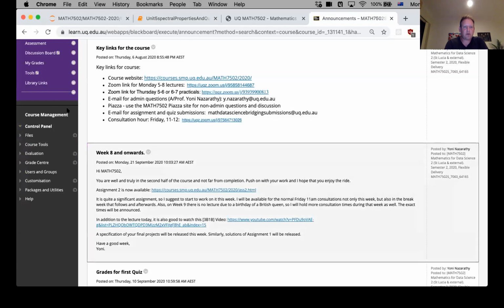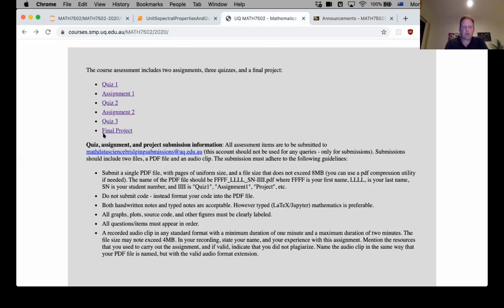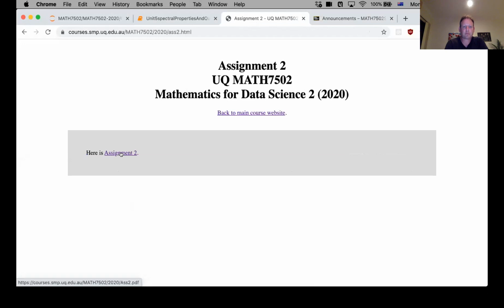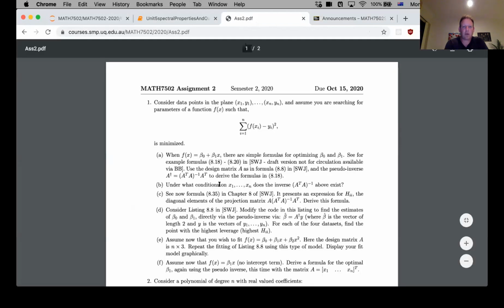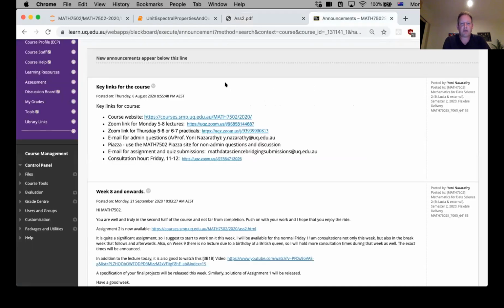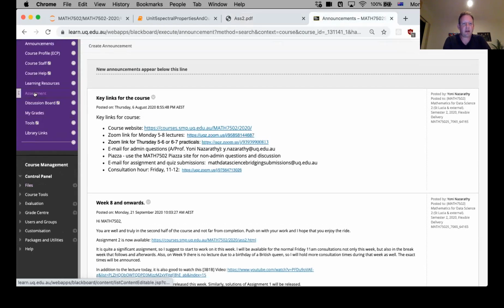So just so you know, for assignment 2, you'll see a few references to the SWJ book. Most of the SWJ book is available online, free, as a draft, but chapters 8 and 9 are not, simply because it was a decision of my co-author and mine, together with the publisher, not to put this online.